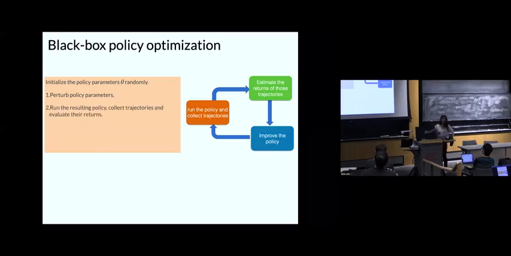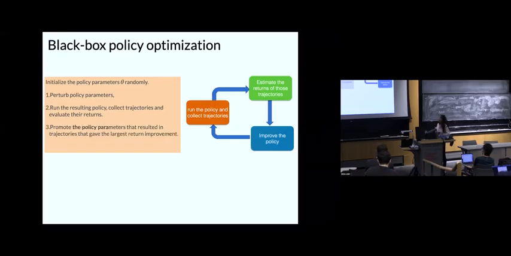The result will be a bunch of policies. Then we run each one of these policies in the environment, collect trajectories, and evaluate the returns to compute the fitness of each policy. The fitness is just a scalar value that tells you how well each perturbed parameter vector is doing.